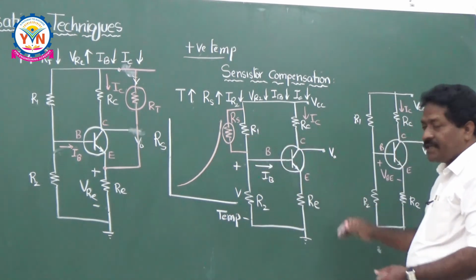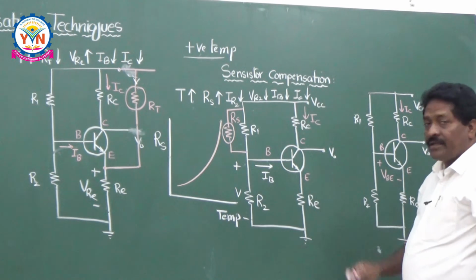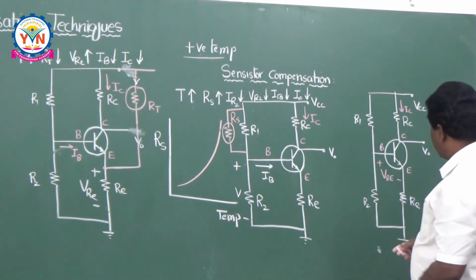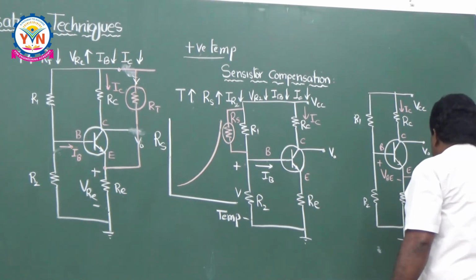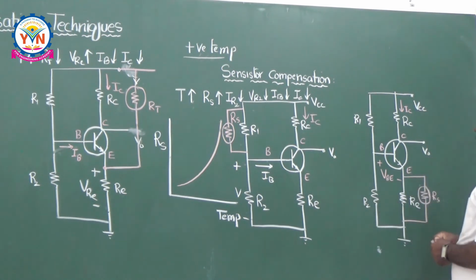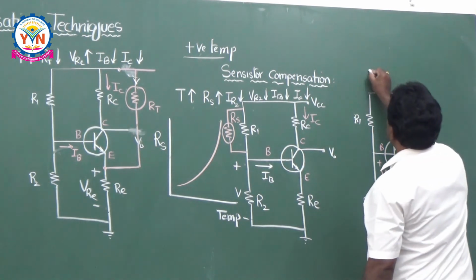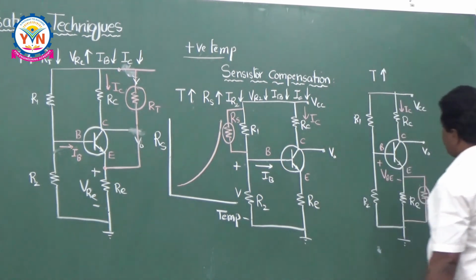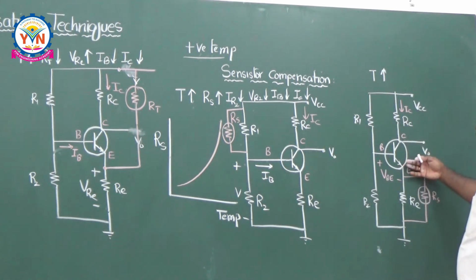So what is the next portion here? The next portion is nothing but your RE. You can put your thermistor across RE, and the sensistor across this. This is RS. If you put it like this, once again, if temperature increases, your IC increases automatically.